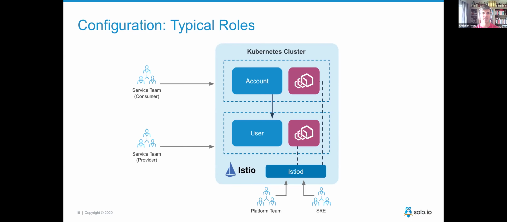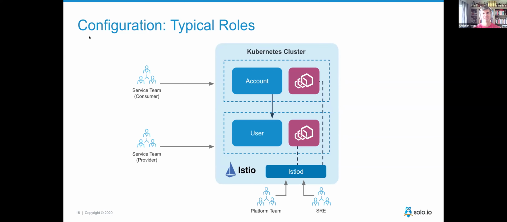Maybe the team deploying their application cares about how traffic gets matched coming in and gets routed to their app. Maybe a service team deploying and calling another service cares about the timeouts and circuit breaking settings that are applied when calling that other service.